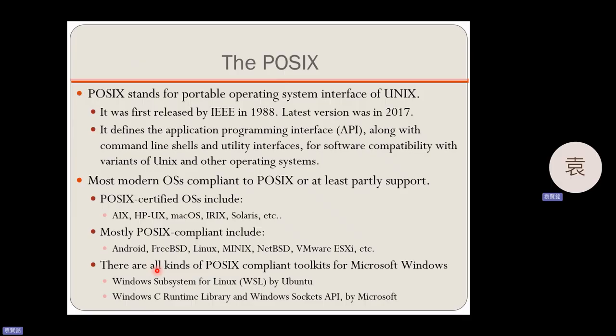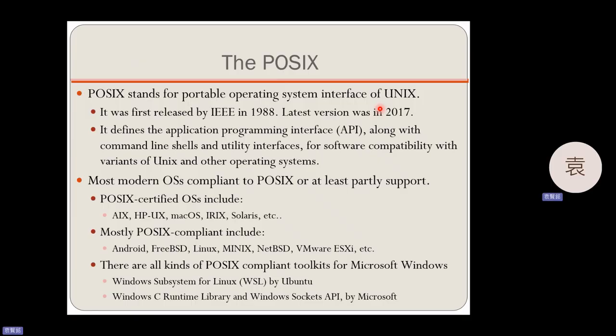Later, IEEE formed a working group and defined a standard for portable operating system interfaces of Unix, because there are a lot of versions of Unix, and they found that the system calls or interfaces of these different versions are different.